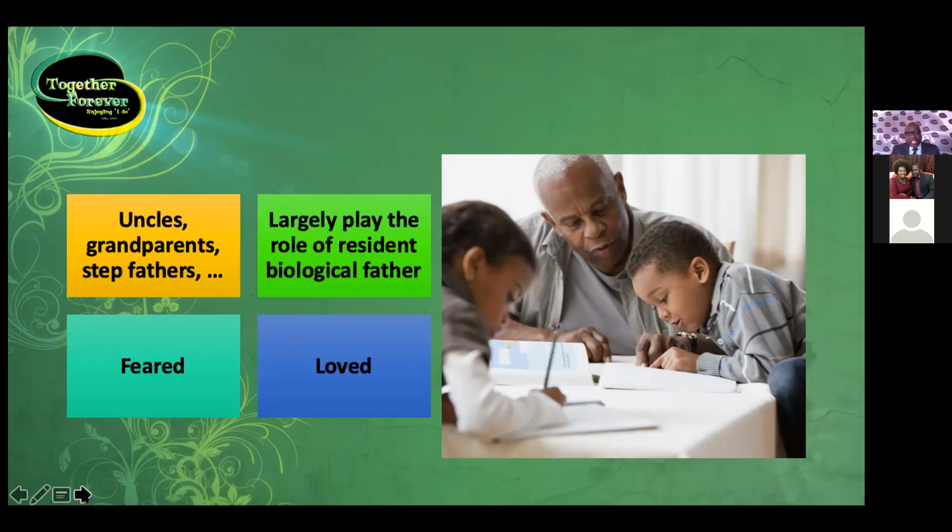Now, the interesting thing about social fathers is that they generally tend, especially if it's a grandfather, to be gentler. Element yoba strict, but they tend to be gentle because they're dealing with you and nomntana wabo okanye nodad wabo who is the actual biological parent.